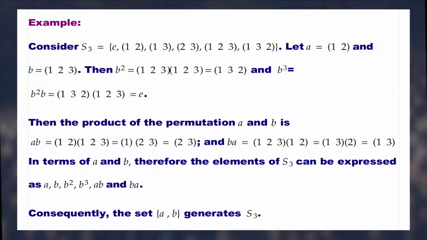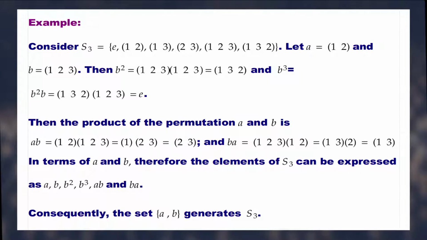Here 1 goes to 2 and 2 goes to 3, implies 1 goes to 3. Next 2 goes to 3 and 3 goes to 1, implies 2 goes to 1. Similarly, 3 goes to 1 and 1 goes to 2, implies 3 goes to 2. So finally, we get b squared equal to the cycle (1 3 2).